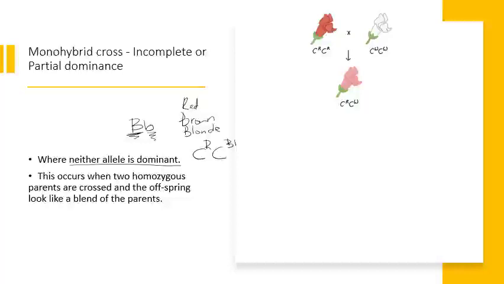Now, we've got carnations here in this example. This is the exact same allele as this one, which means it's a homozygous organism. This is exactly the same as that allele, which means it's a homozygous organism.